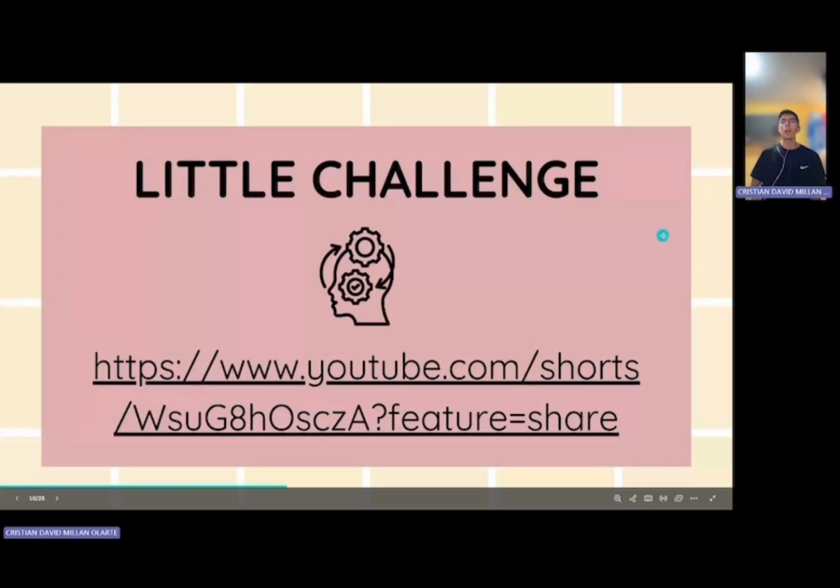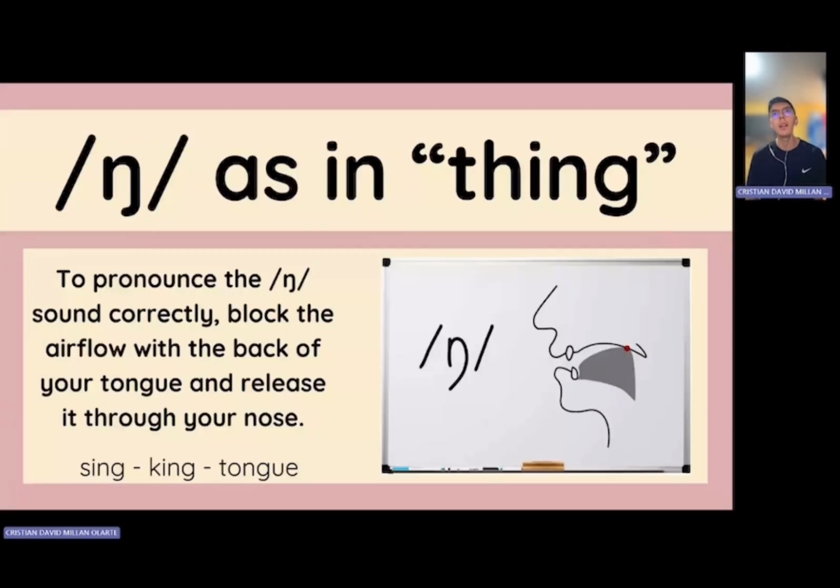Okay, good. And then we'll continue with the ng sound. So we have ng as in think. To pronounce the ng sound, you have to block the airflow with the back of your tongue and release it through your nose. So again, with M you block the airflow with your lips.